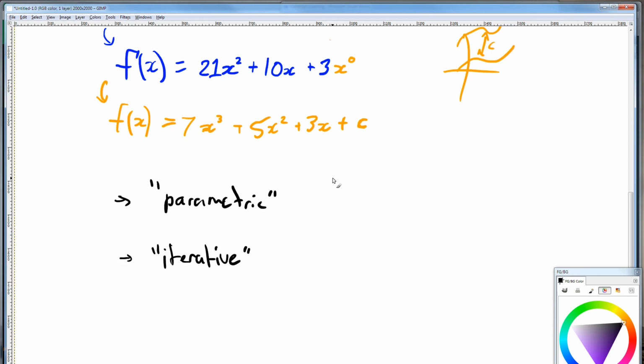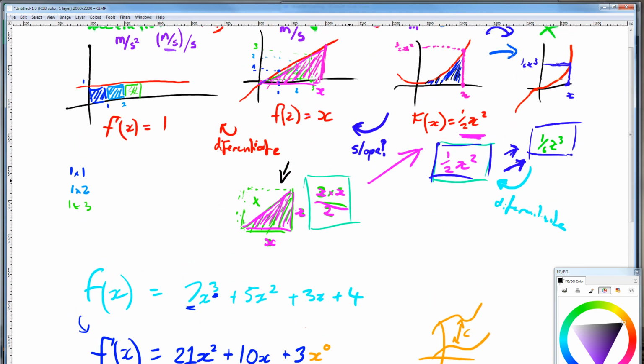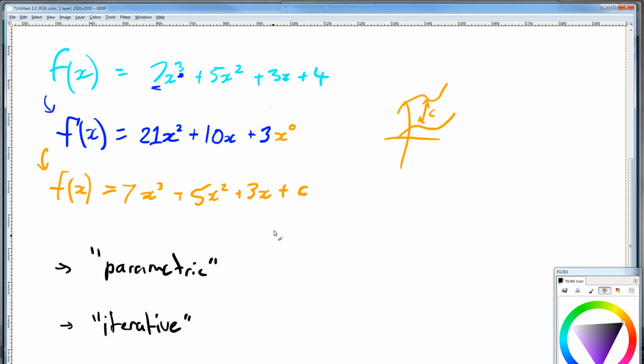And you can imagine parametric is basically what we've been doing here. So if I'm like, all right, I'm accelerating with a constant acceleration of 1, and we're starting from 0 everywhere. If I have a function that tells me my position, that function is just going to be like half x squared.